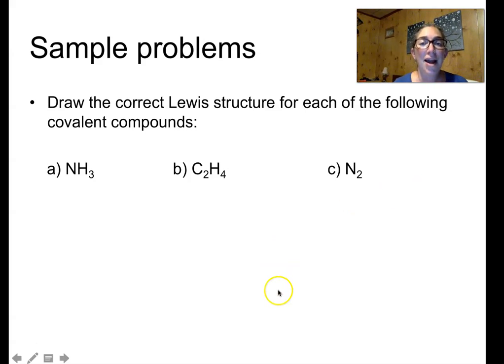So we're going to do a sample problem. I'm going to show you how to draw some Lewis structures here. Nitrogen, we know, has 5 valence electrons, and I'm just going to draw the dot structure.